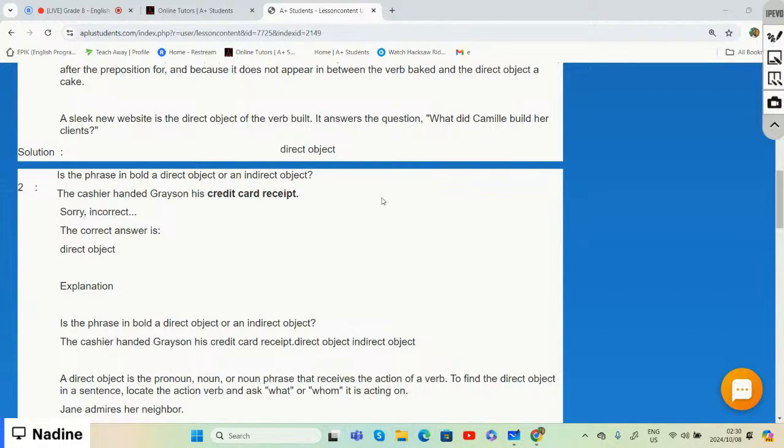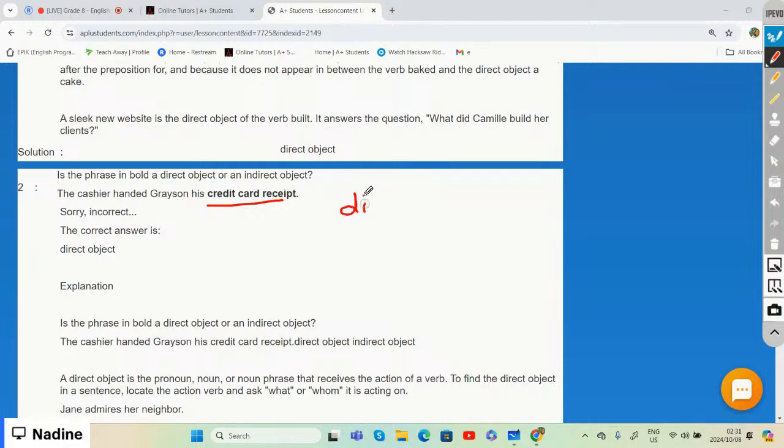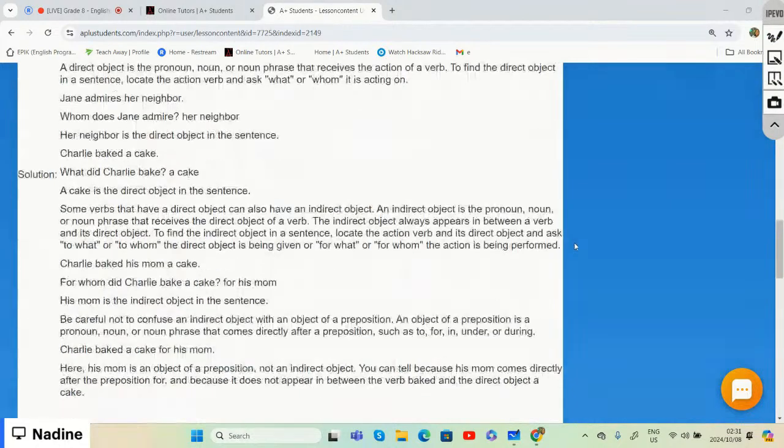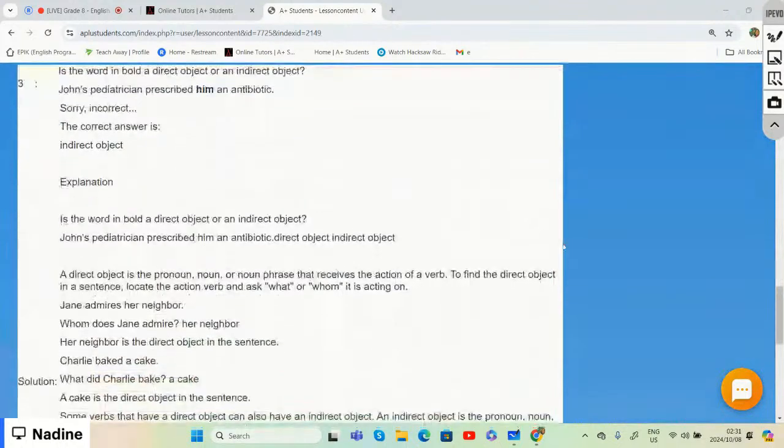Credit card receipt, we can say this is also a direct object. All right. Let's look at the next one, and then we're going on to our test.